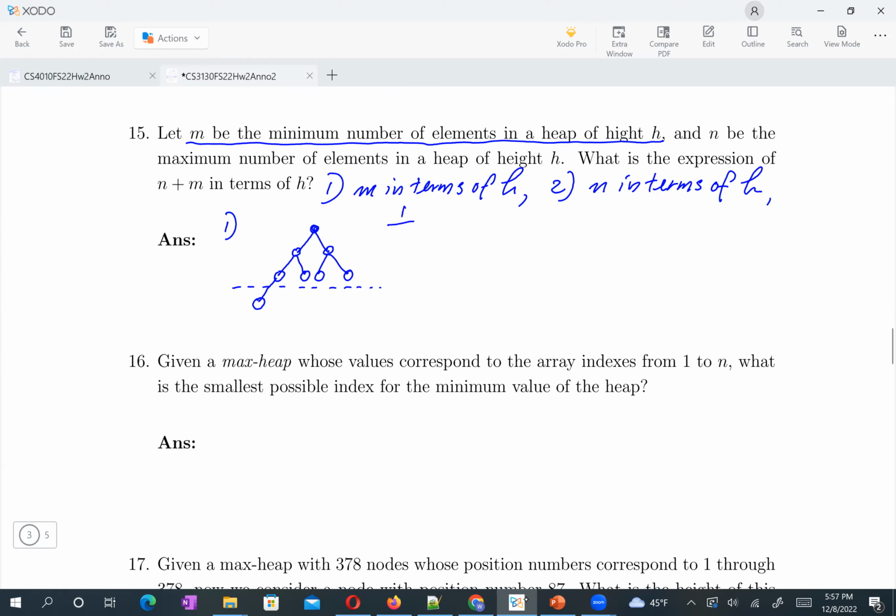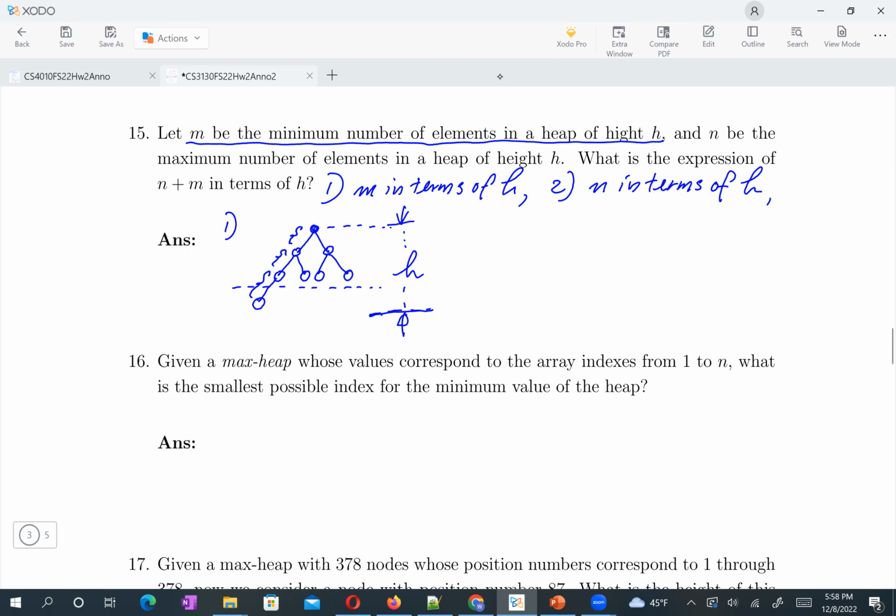Now we count the height. We start from the root and count the number of edges until we reach the bottom level, along the longest path.